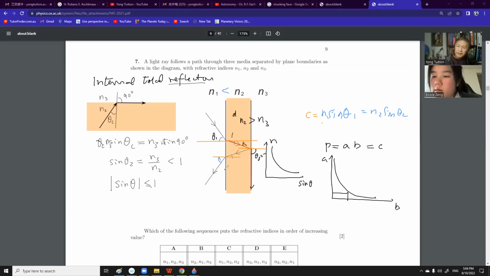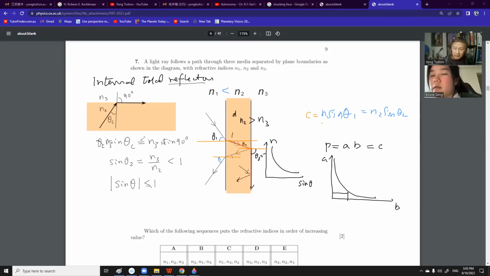Another scenario you probably encountered is a mirror. That was my first response, I thought it's a mirror. But apart from this scenario, you have to consider refraction. I think it's a very good question.